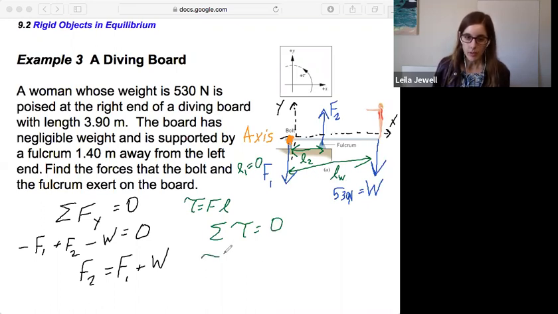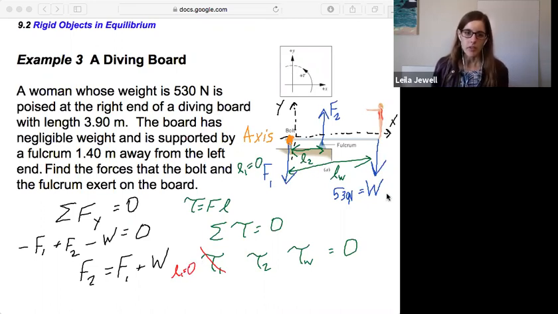So I could write out my torques. I could even include torque 1, torque 2, and torque W. It's all equal to 0. This first one, as I mentioned, torque 1 is just 0 because the lever arm is 0. So we don't need to worry about that.